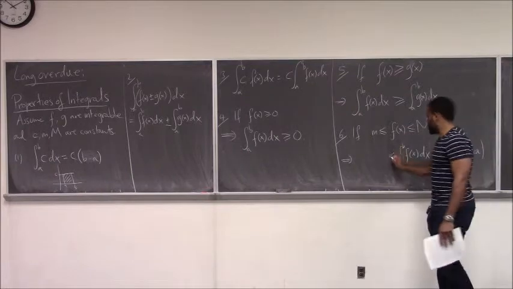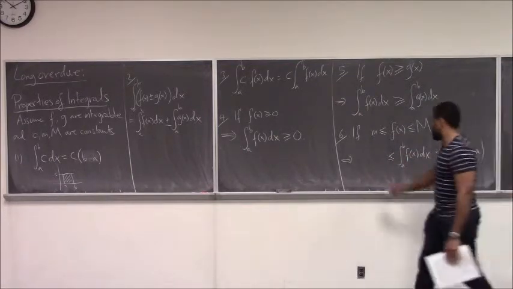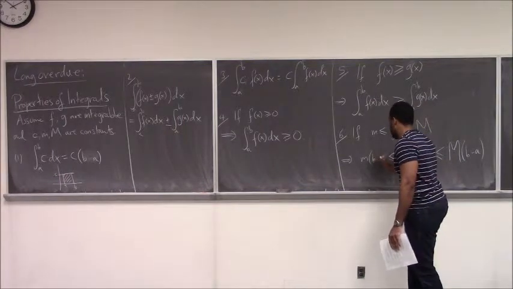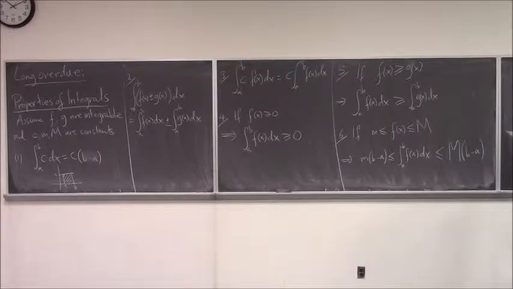And similarly, it's always greater than or equal to the integral of little m, which by property 1 will tell you it's little m times b minus a. So those are things that might come up. Those are some properties there.